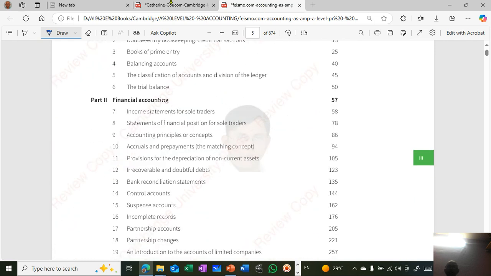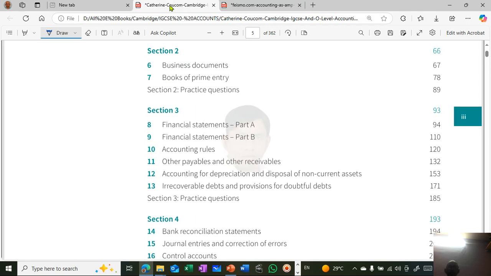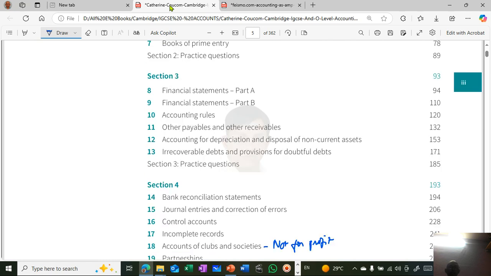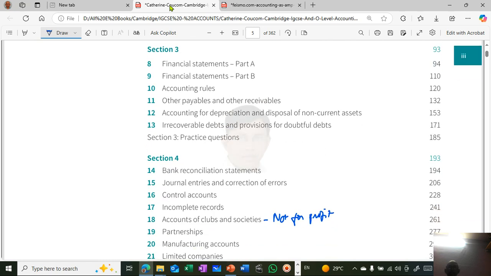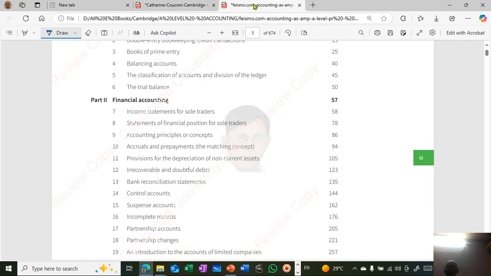See bank reconciliation statement. Control accounts. Journal entries and correction of errors, that will come in suspense account here. So again, where is it? The trial balance also. So again, books of prime entry also you'll get some entries.